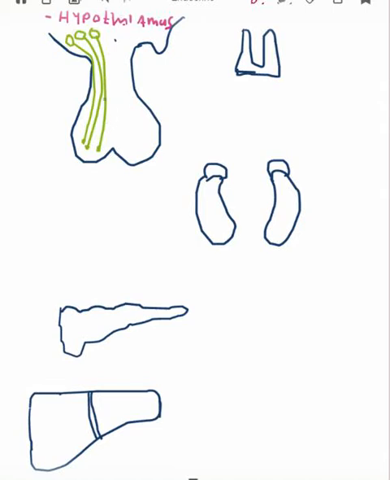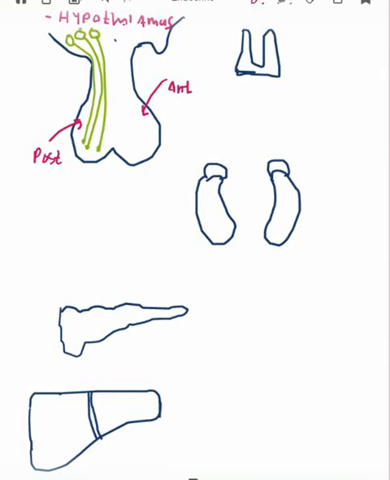And if you look at the pituitary gland, you have two lobes. You have the anterior lobe, which is right here, and then you have the posterior lobe of the pituitary gland. Now the interesting thing is the hormones for the posterior pituitary gland are actually produced by neurons within the hypothalamus.